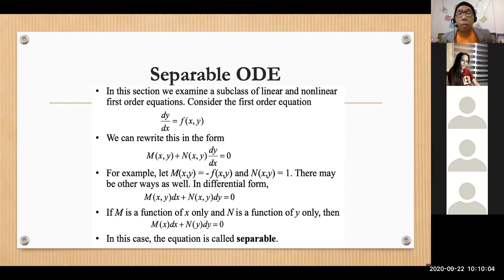Again, in the previous lessons that we had, our objective was to arrive at the differential equation. Now our focus is finding the solution. If we used differentiation before, now we are going to use integration to arrive at the solution.